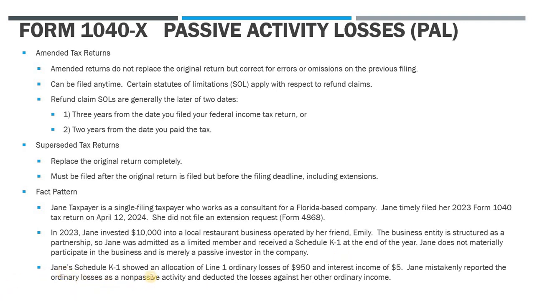Jane's Schedule K-1 showed an allocation of line 1 ordinary losses of $950, and she had interest income of $5. On Jane's original return, she mistakenly reported the ordinary losses as non-passive, and she deducted those losses against her other ordinary income. This is the problem, right? She has a passive activity loss here and should have treated it as such.